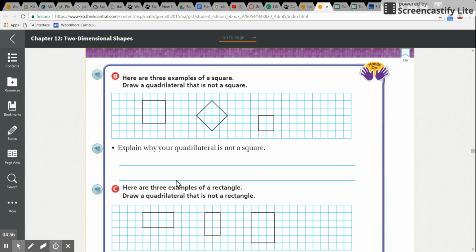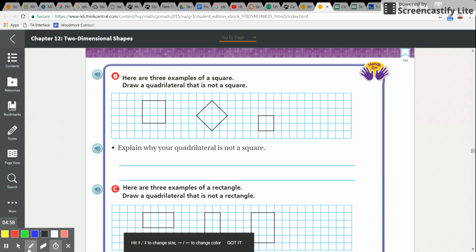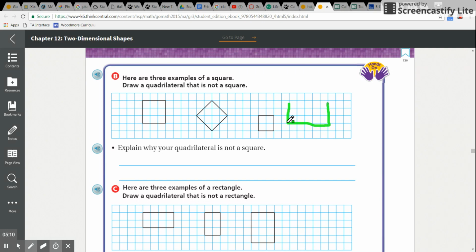And then I will do the same. All right, I just drew a really bad rectangle. So I'm going to explain why my bad rectangle is not a square.